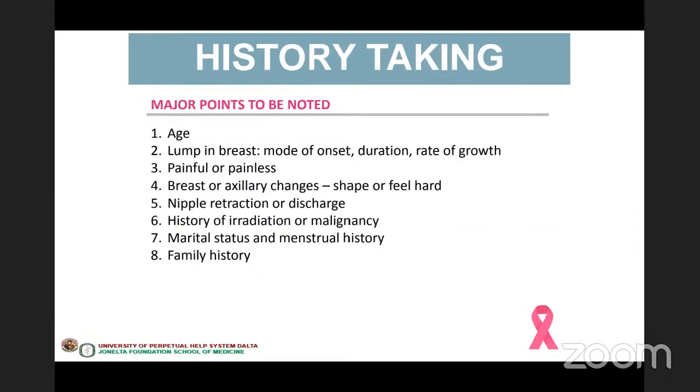As for history taking, these are the things that are important to note.